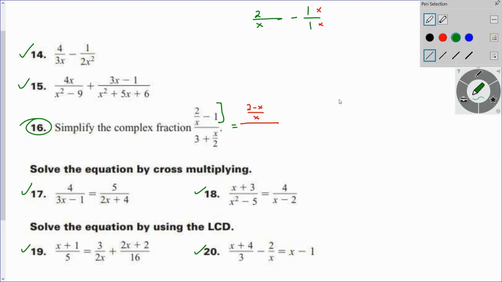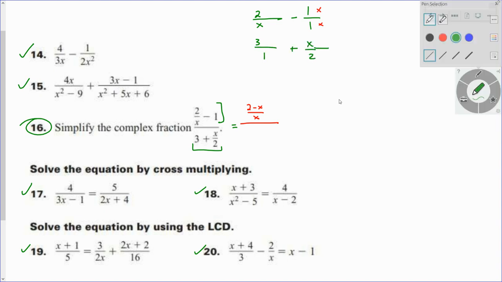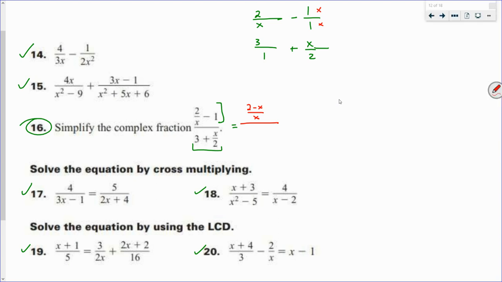Now we look at this bottom, and that's 3 over 1 plus x over 2. So what that tells me is this thing needs a 2 and a 2, so I get (6 plus x) over 2.